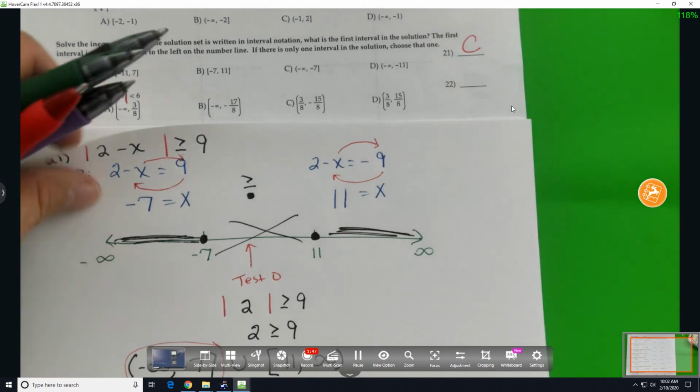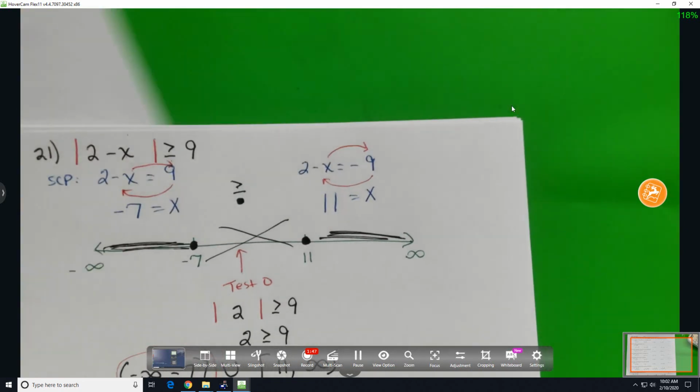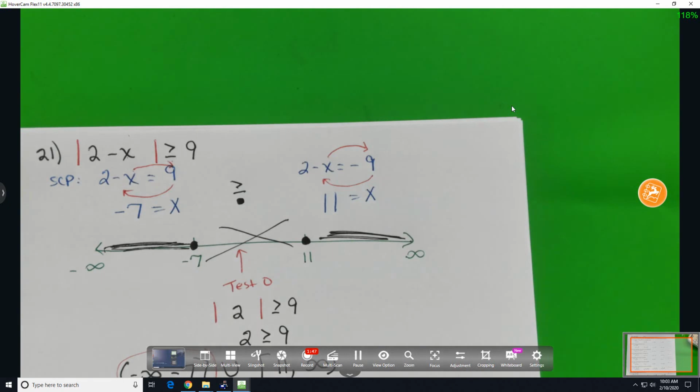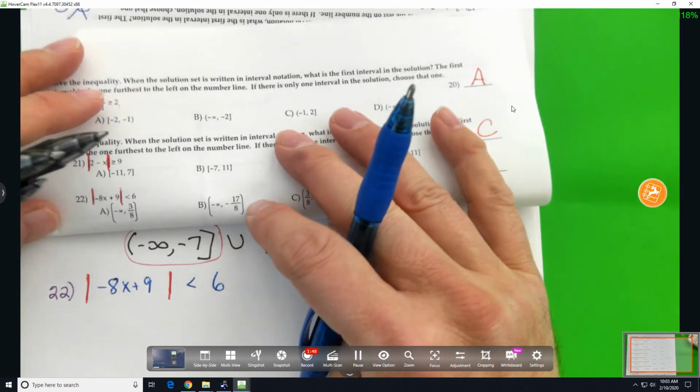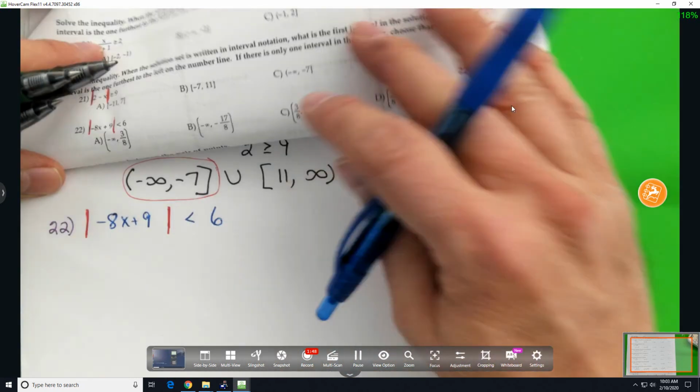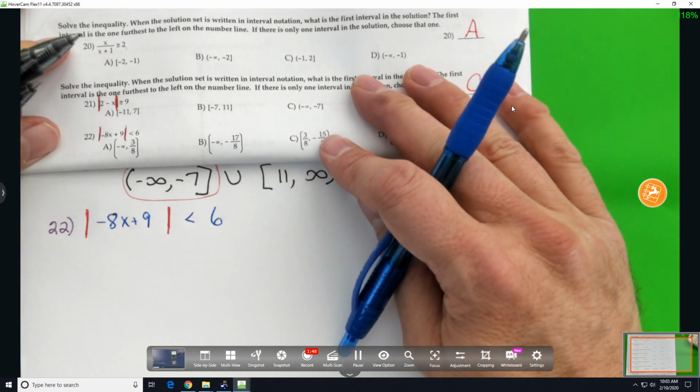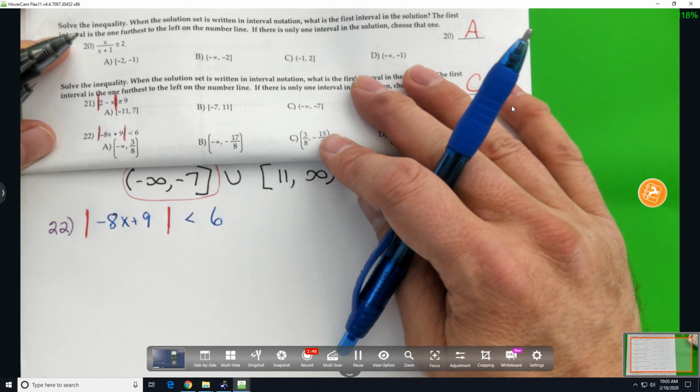Oh, I can't even see. I'm writing the problem down. Number 22: the absolute value of -8x plus 9 is less than 6.